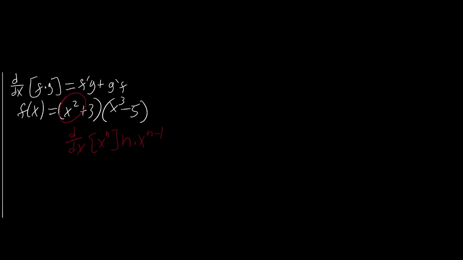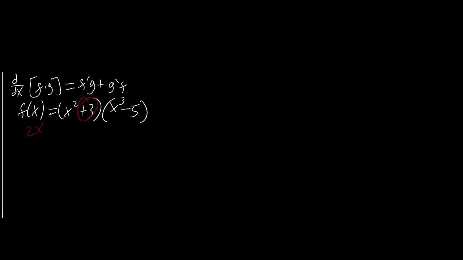So if we plug in x to the power of 2 here, we get 2, which is the n value, multiplied by x to the power of 2 minus 1, which is 1. So we have 2x to the power of 1, and that's basically just 2x. Okay? So the derivative of f, so f prime, is equal to 2x.